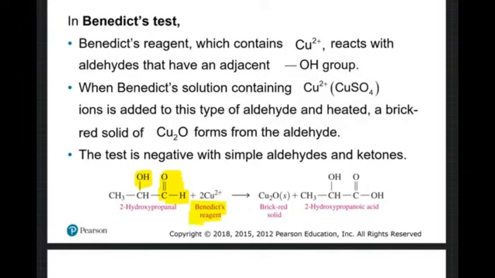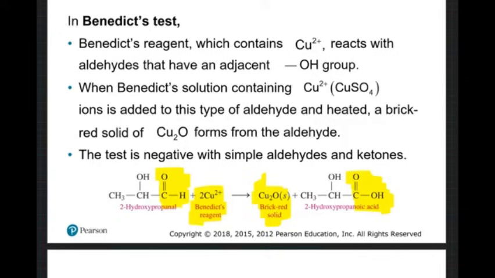If you mix it with a Benedict reagent, which is blue, this copper will oxidize this aldehyde group, form an acid and a brick red solution of the copper 1 oxide.